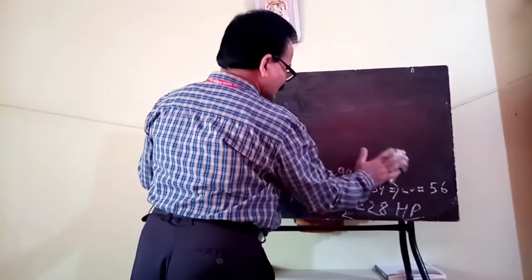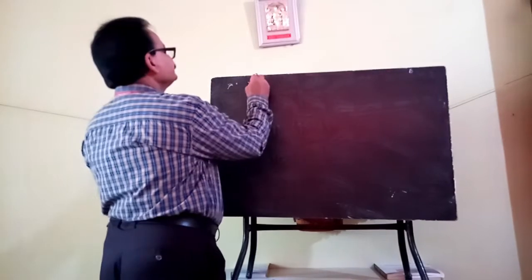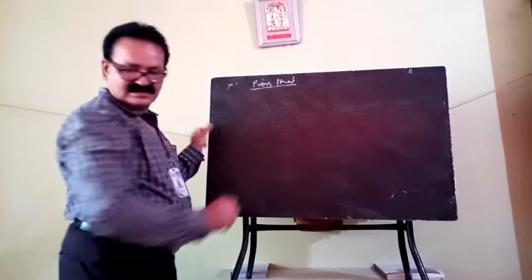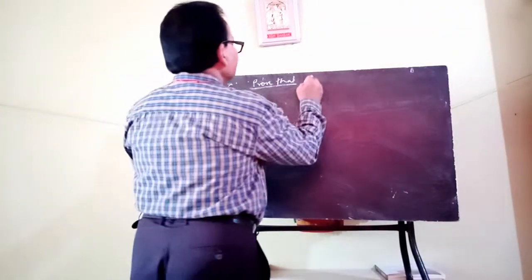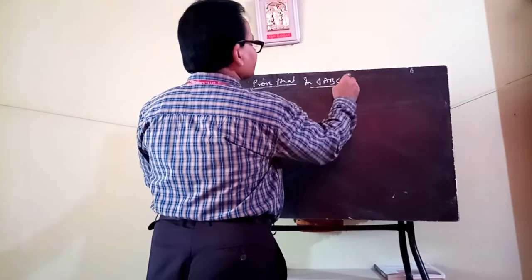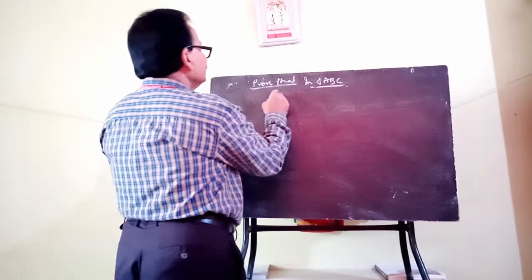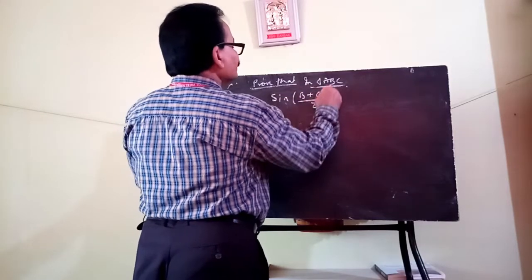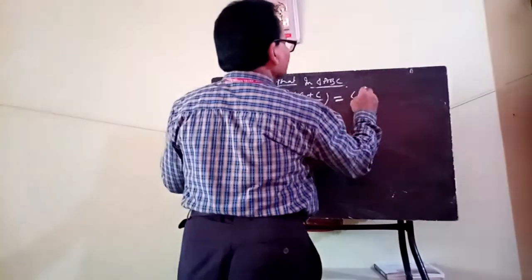One more important question is: prove that in triangle ABC, sin of (B plus C) by 2 must be equal to cos A by 2.